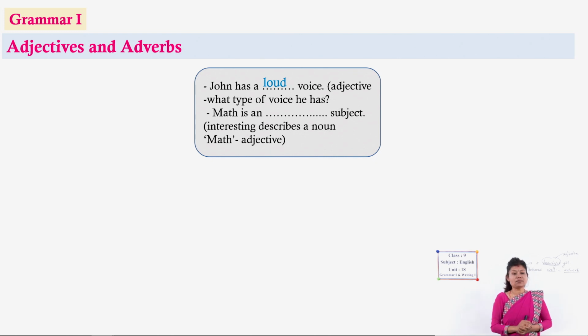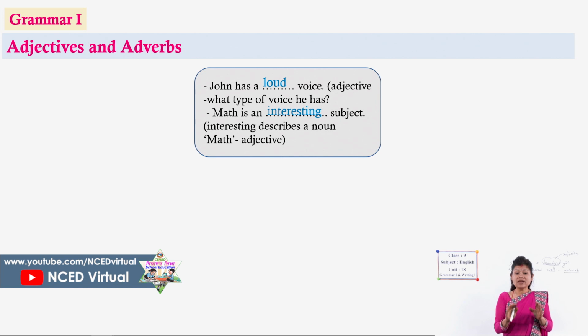Second example: math is an ... subject. Think what kind of subject math is. For you it can be an interesting subject, for others it may be a difficult subject, for other students it may be a boring subject. So any suitable word we can think for math. Here math is an interesting subject. Interesting describes a noun, math is a noun here, name of one subject.